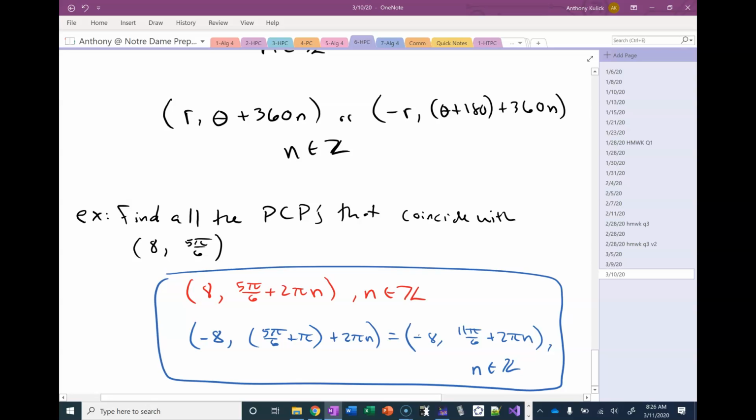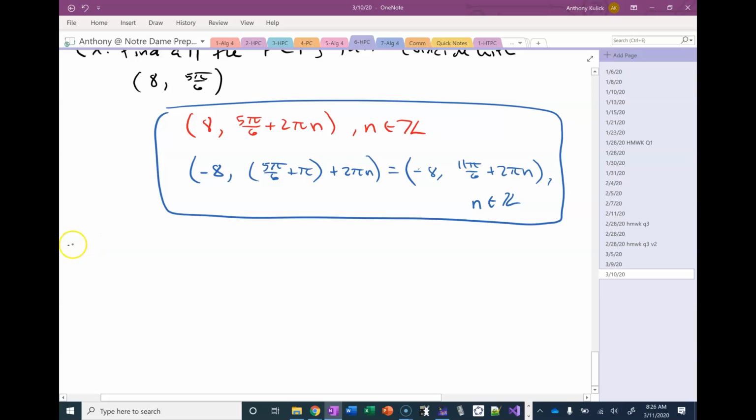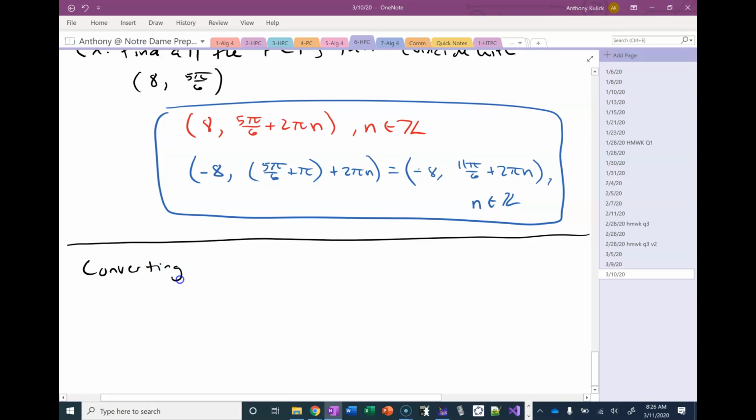I just made a common denominator and added the fractions. Is that okay? It is.